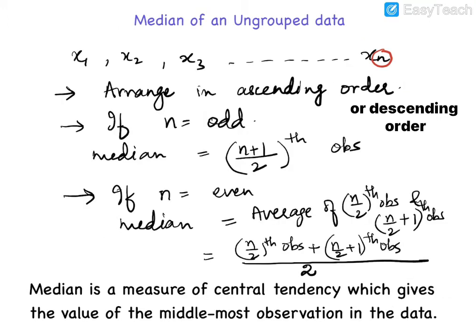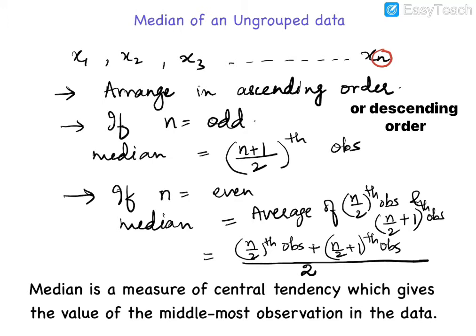Now this value of median may or may not be one of the numbers from the observations. What median does is divide the data into two equal parts. One part has values smaller than the median and the other part has values greater than the median.